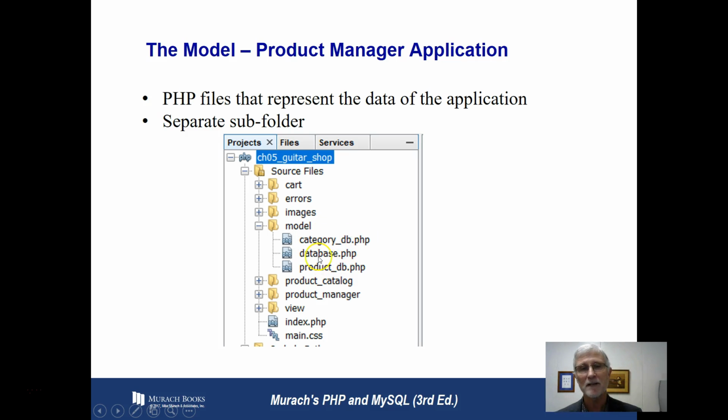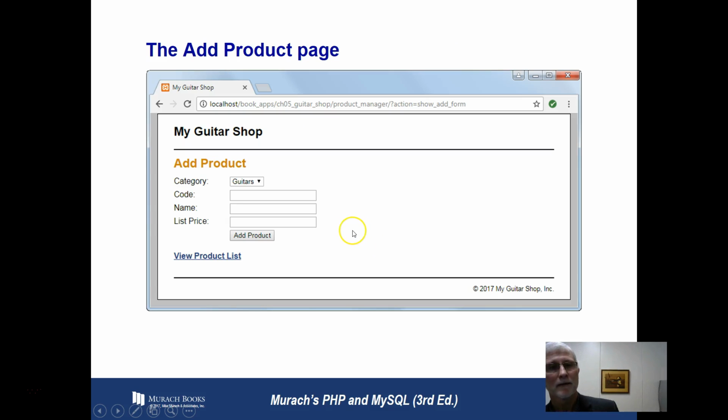Then you've got your category database and your product database, since our application, our Guitar Shop, has those two databases, and each one has different access. Here you see our view, and there are a few other things that we'll go into a little bit later. But under this model folder, you're looking at all the files that deal with accessing data.